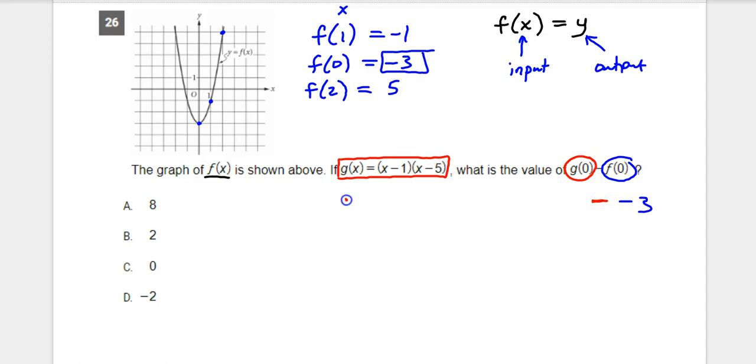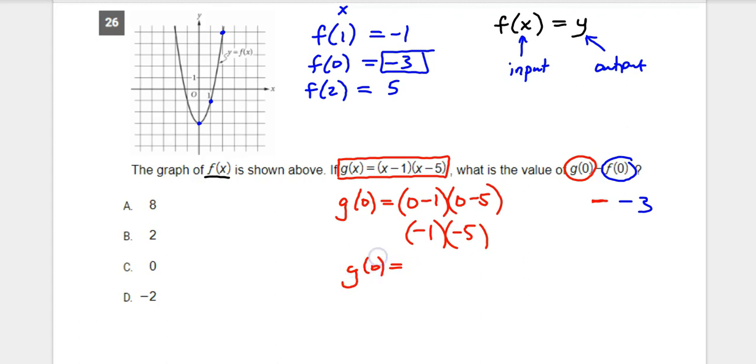Well, let's find g of 0. For g of 0, you just put 0 in there: 0 take away 1, times 0 take away 5. Well, 0 take away 1 is negative 1, and 0 take away 5 is negative 5. So it looks like g of 0 is just positive 5.